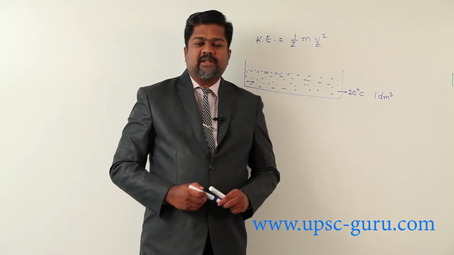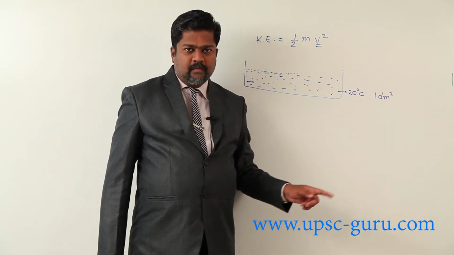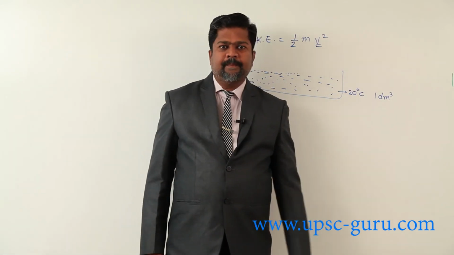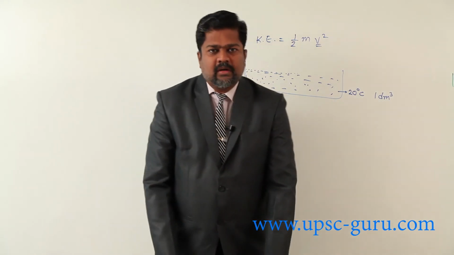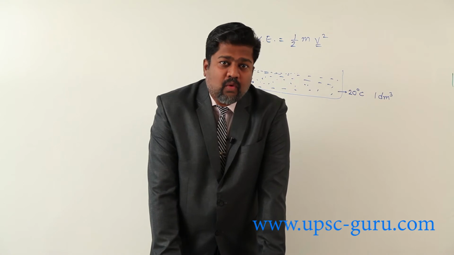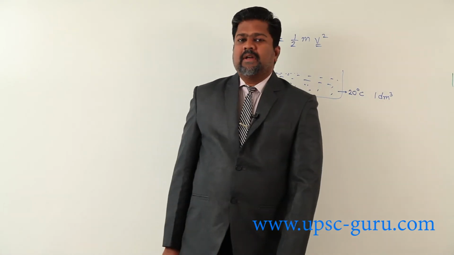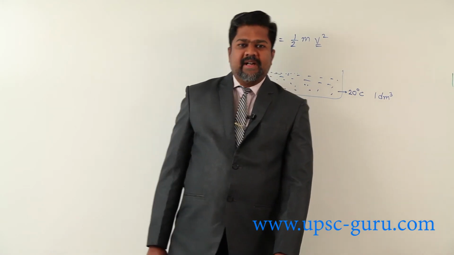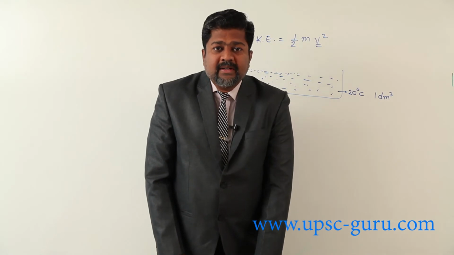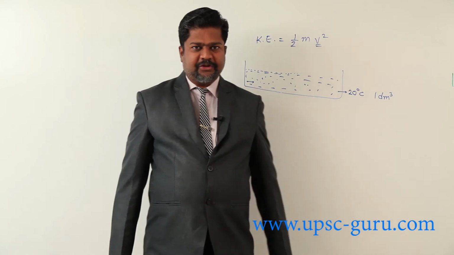In general discussion we can consider 1 decimeter cube as 1 liter, and 1 liter is the volume occupied by 1 kilogram of water at 4 degrees Celsius. I am revising, 1 liter is not an SI unit, but still it is widely used. 1 liter is the volume occupied by 1 kilogram of pure water, obviously, at 4 degrees Celsius.